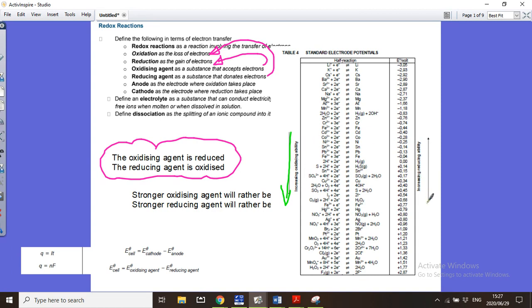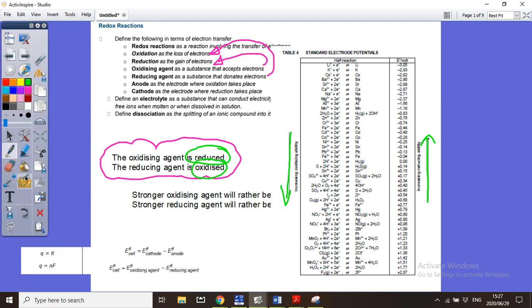And on this side, the arrow points up and it says increasing reducing ability. So again, you can say increasing reducing agent, because the reducing agents are actually oxidized and the oxidizing agents are reduced. And the arrow tells us which ones would rather be reduced and which ones would rather be oxidized.